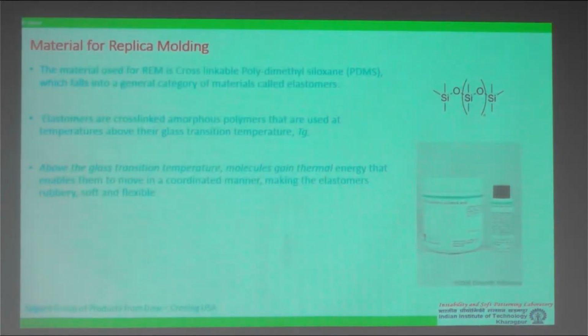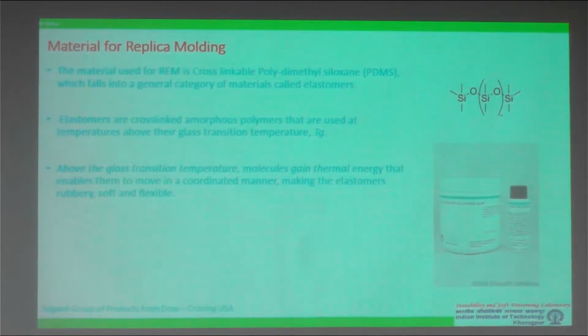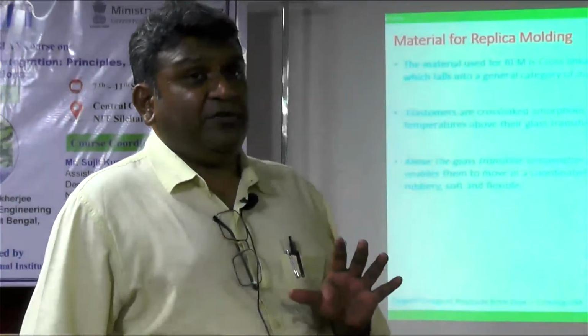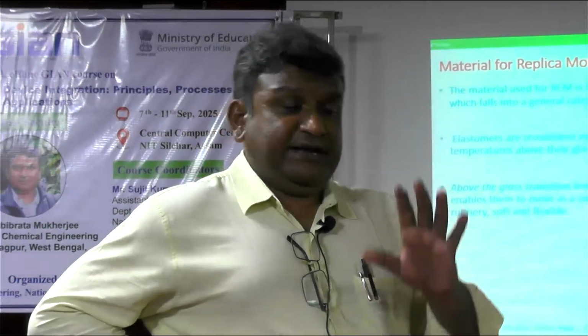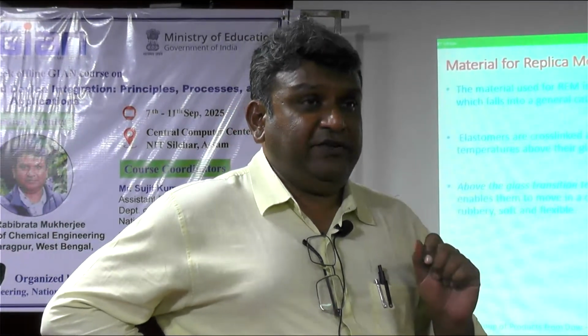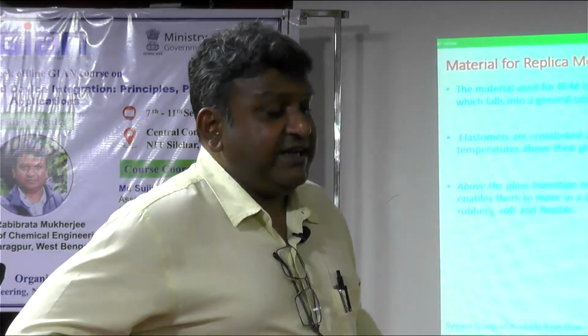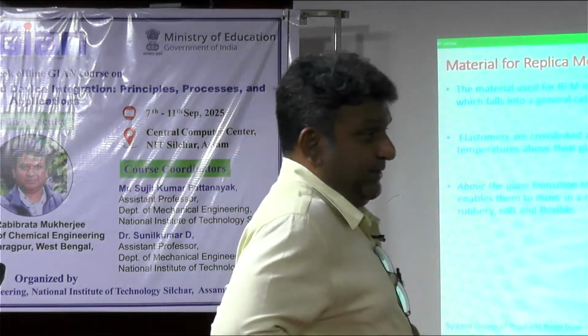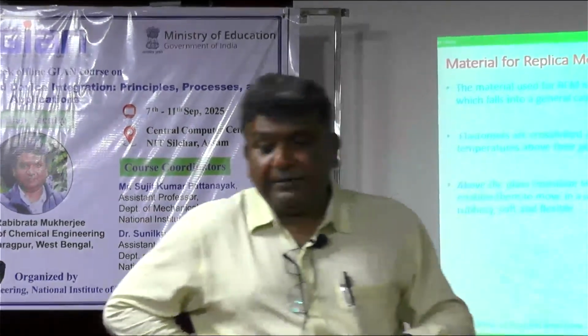Okay, before I move on, let me introduce a very special type of material. It has a commercial name, Sylgard 184. It's a cross-linked polydimethylsiloxane, a very special type of polymer.